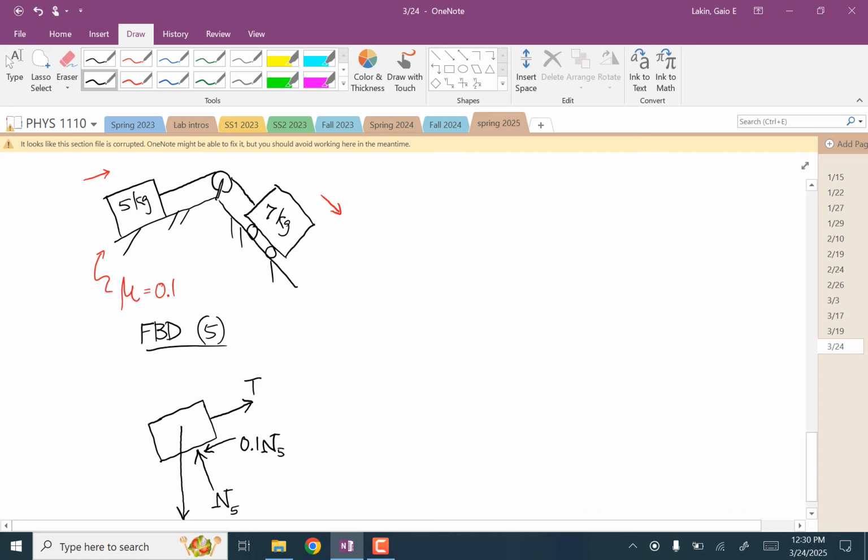If I had given this problem and said that at this instant this was going down and to the left and this one was going up and to the left, the only difference in the free body diagram would be that this friction force would be going the opposite direction, because friction is always acting to try to slow things down. Okay?